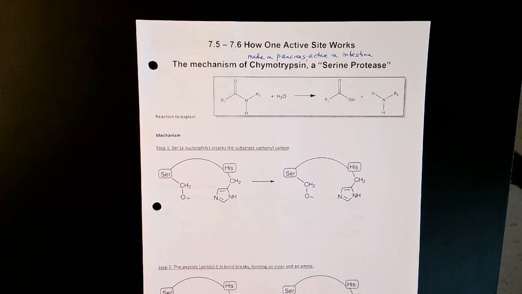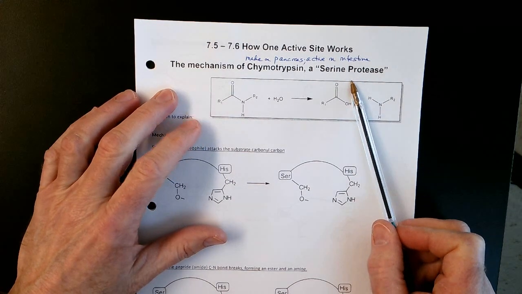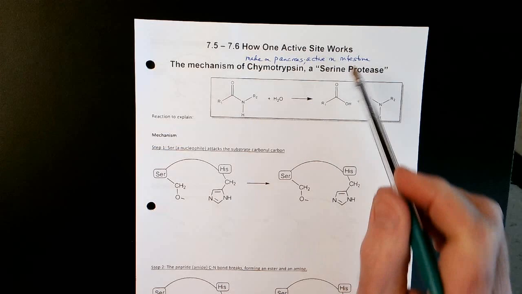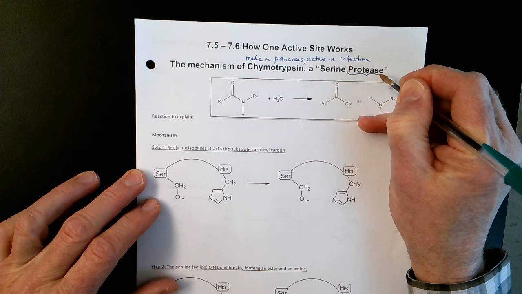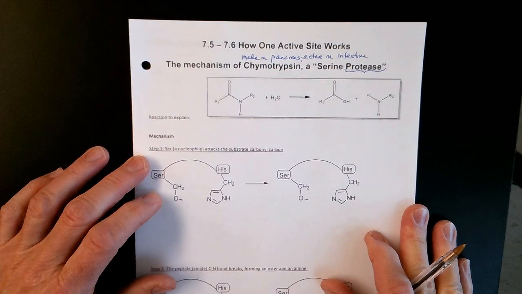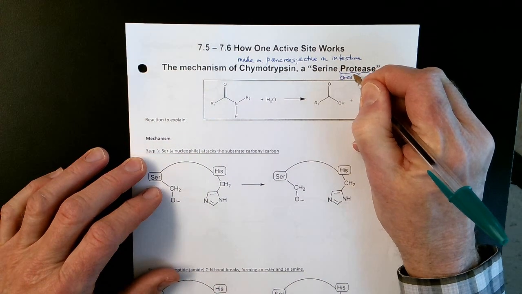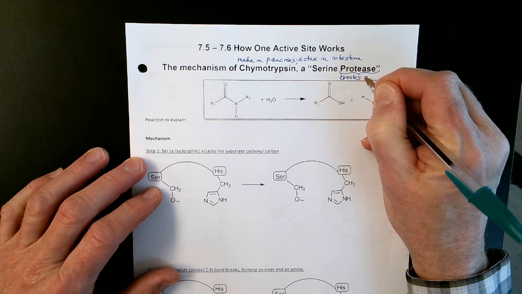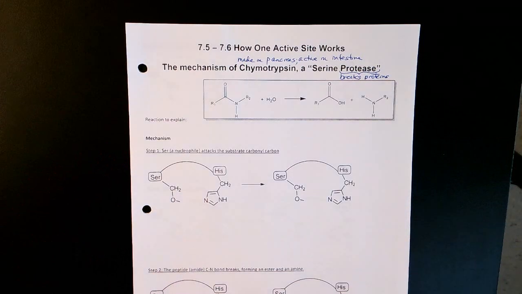All right, chymotrypsin is one of a family of enzymes that are called serine proteases. The serine part you don't need to worry about too much, but here's a heads up. The fact that it is called a protease means that its job is to destroy other proteins. That's what the term itself means.